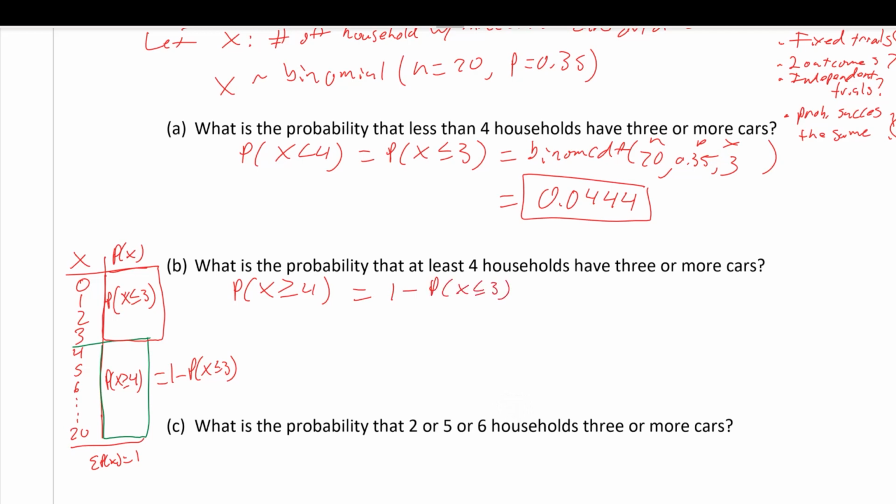And for things that are less than or equal to, we have a function in our calculator called binomial CDF. Binom CDF. N, again, 20, and p is 0.35. That doesn't change throughout the problem.